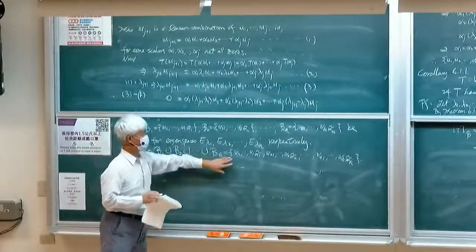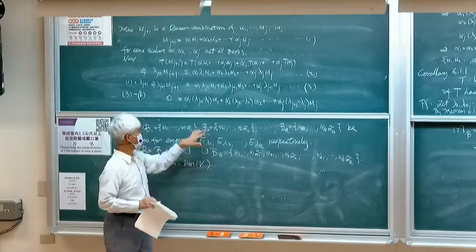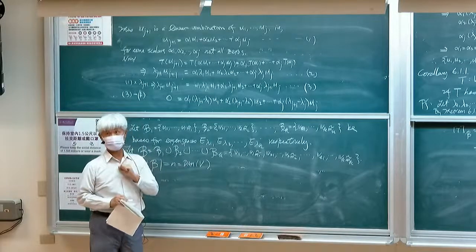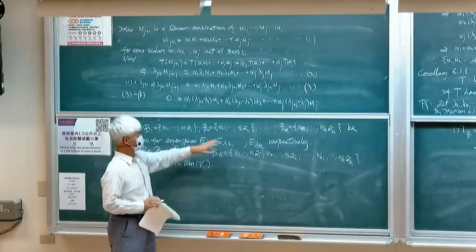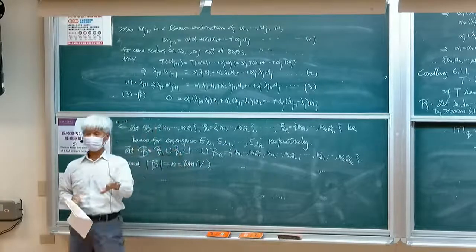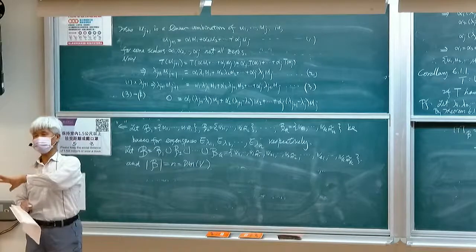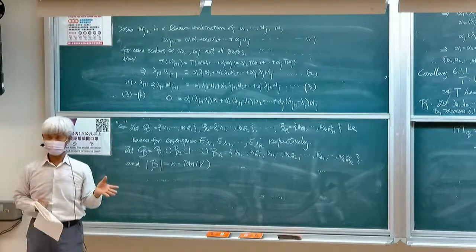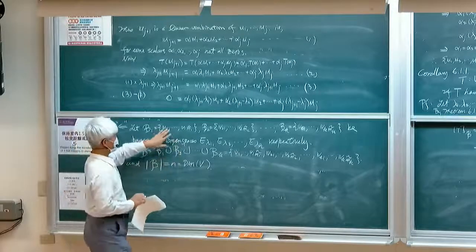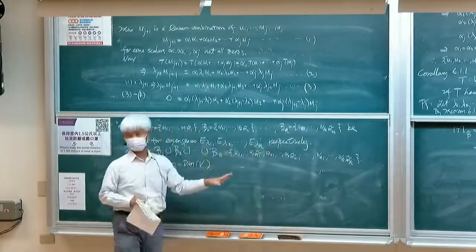The intersection of all the bases will be the empty set. The reason is very clear. A vector cannot be an eigenvector of lambda 1 and also an eigenvector of lambda 2. It's impossible, right? So B1, B2, and BK must be disjoint, of course.